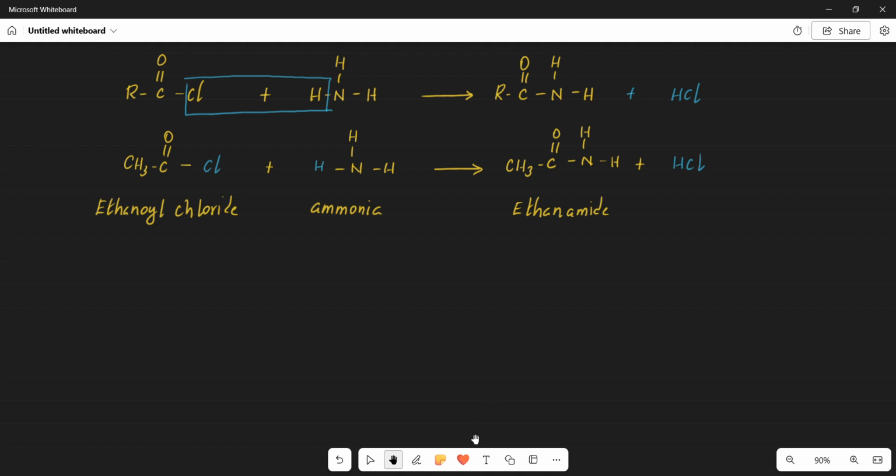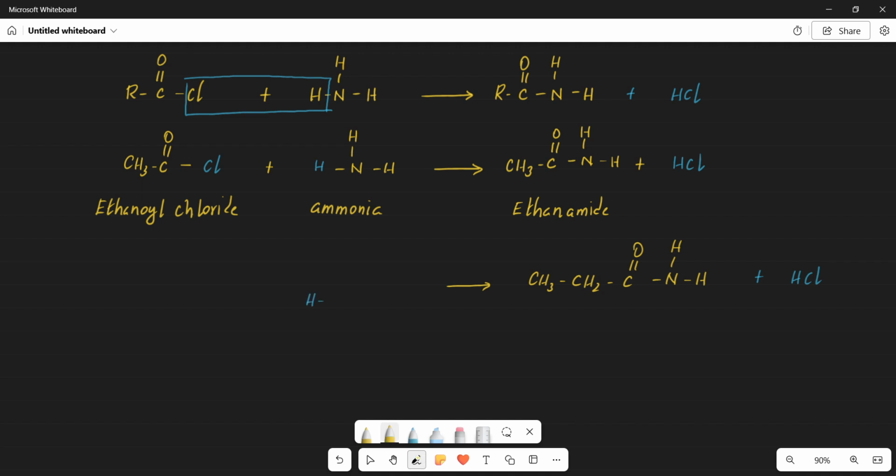So let me take, if I want to prepare CH3 CH2 C double bond O NH2. I want to prepare this. I know I'll get HCl as the byproduct. So which acid chloride do I have to take? And I know one thing, ammonia I will use.